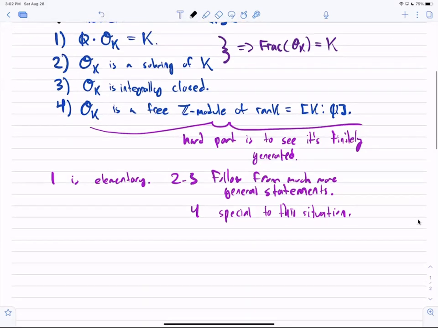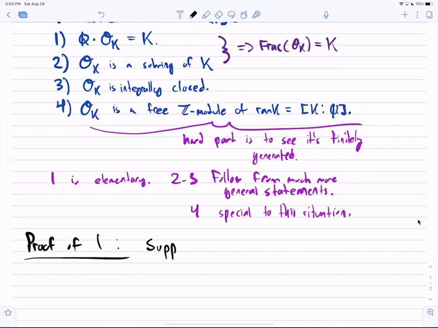Okay, so let's start with the proof of 1. Just as a warm up, suppose alpha is in K, and I need to show that I can multiply it by some rational number and land in OK.